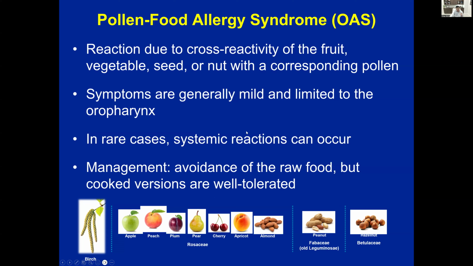So the reaction is generally mild, generally limited to the oropharynx, and most of the time you can tolerate the food if it's cooked. So this is pollen food allergy syndrome, and the common cross-reactants are birch, grass pollen, and ragweed. And here are some examples.